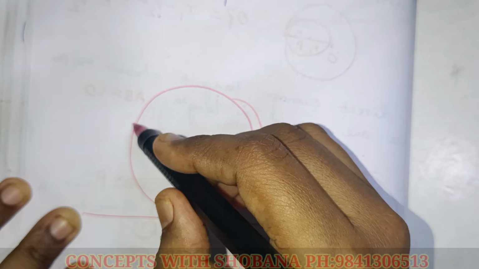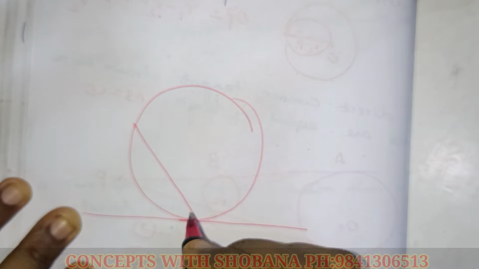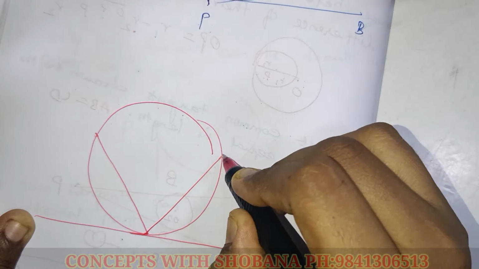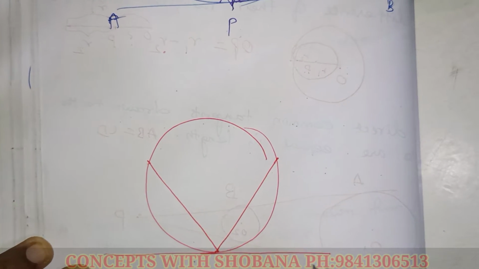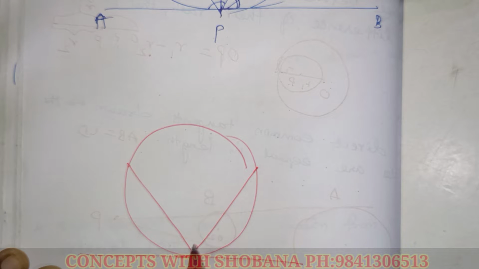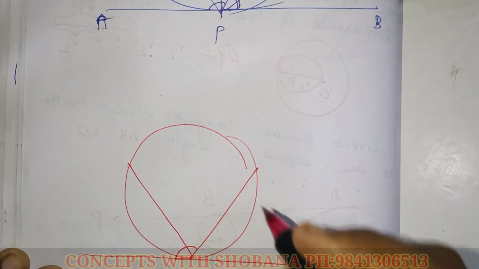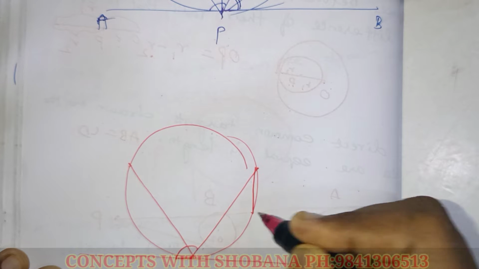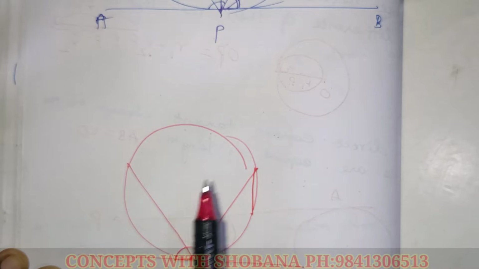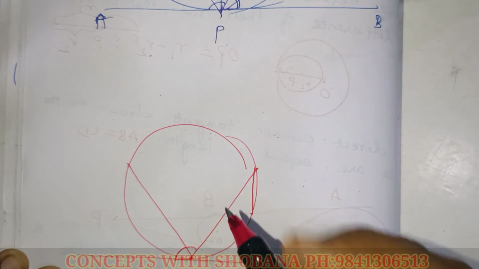Now, this line, this tangent, forms an angle. See, there is an angle like this. Okay, so the angle formed by the chord and the tangent is equal to the angle formed in the corresponding alternate segment. The segment's alternate.